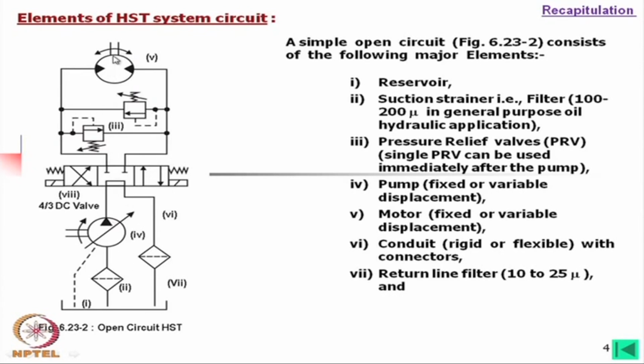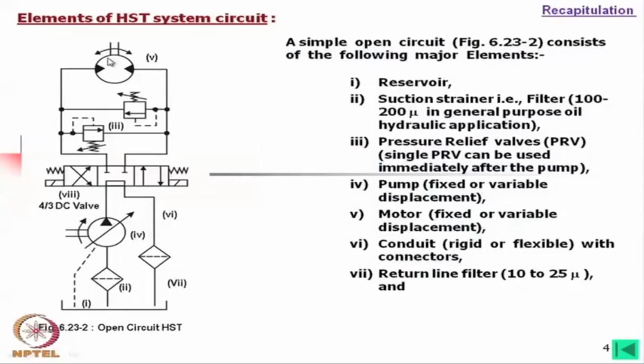But in case of motor, usually that output shaft is rotating, and then through that some dirt particle may come inside, because there is an exposure. The output is external from the enclosed body, although there is the sealing, but there is a possibility of dirt coming inside, and that is being filtered in the return line.